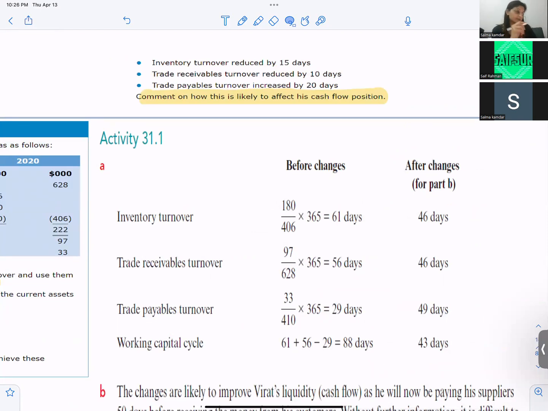Can you show the question? Have you calculated the working capital cycle in No, days? no, no, no, I'm doing. Can you show the question, miss? Apachai.